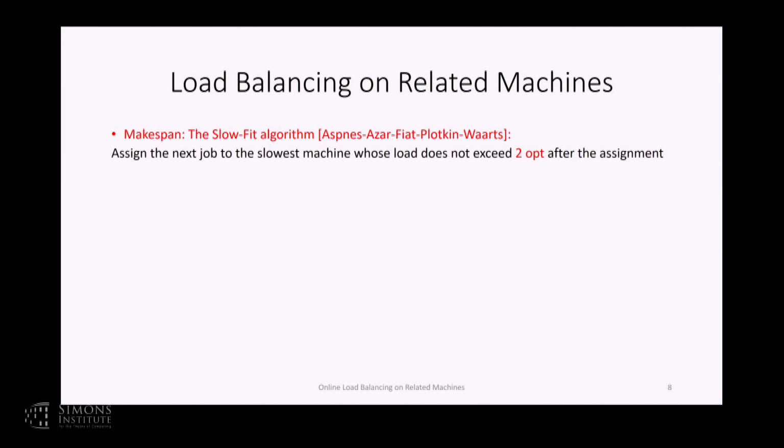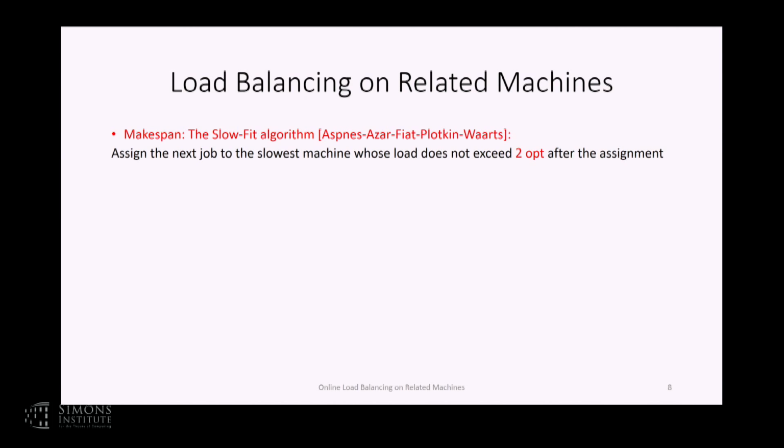So let's step back and look at what this makespan minimizing algorithm is, the so-called slow fit algorithm. There are various versions of this algorithm that get different constants, but here's a very simple version, and in fact I think this is the first version that was suggested. Just take your job and assign it to the slowest machine where, after the assignment, the load on the machine does not exceed twice opt.